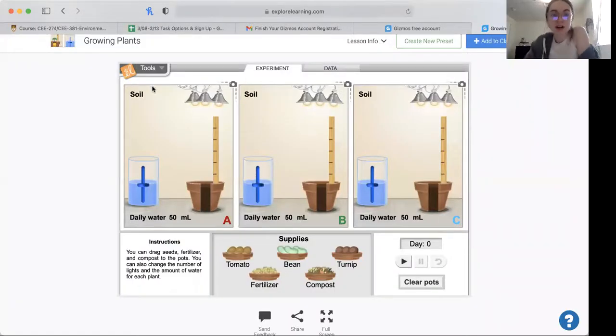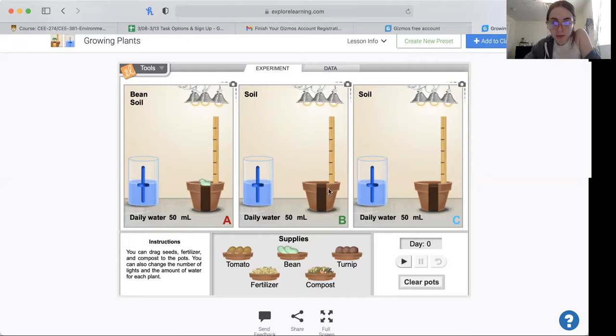So let's get started. Okay, so here's our experiment. You see you have three different setups here, A, B, and C. And the instructions say you drag seed, fertilizer, and compost to each of the pots, and you can also change the number of lights and amount of water for each plant. So I'm going to start with beans in this one. I'll put two beans.